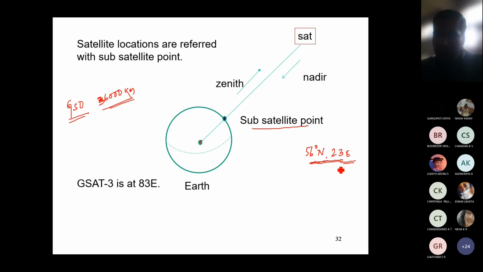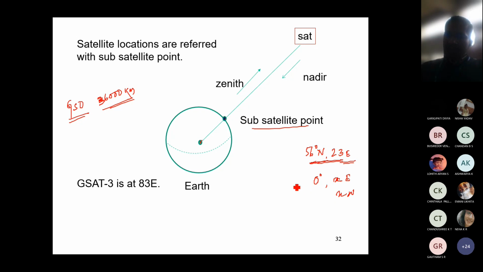Keep it in mind very carefully. You listen. The latitude of a geostationary satellite will be 0°, and the longitude of a geostationary satellite can be some value like x degrees north, x degrees east, or y degrees west.